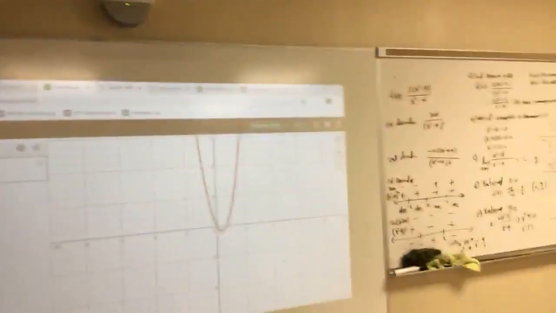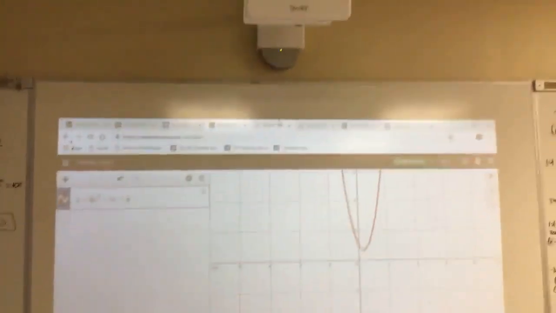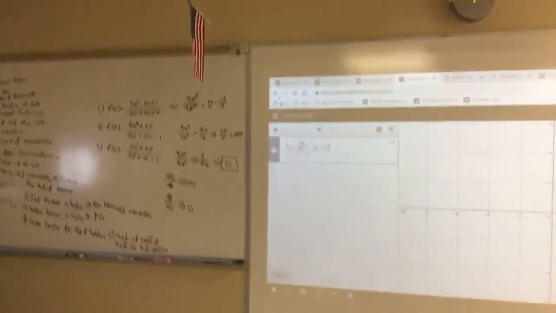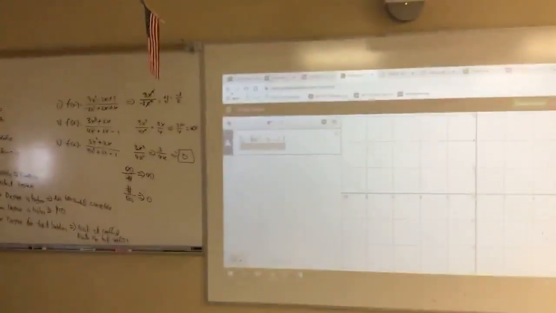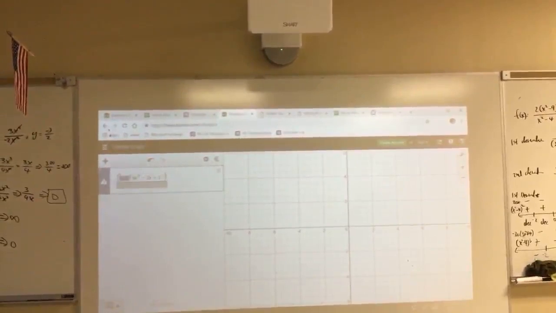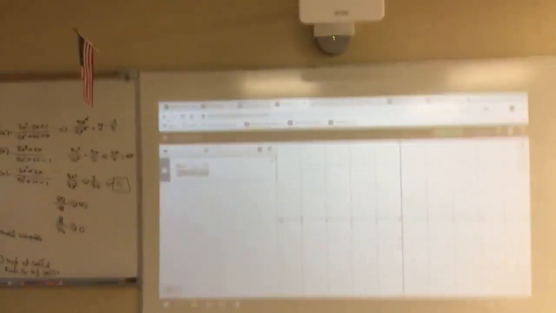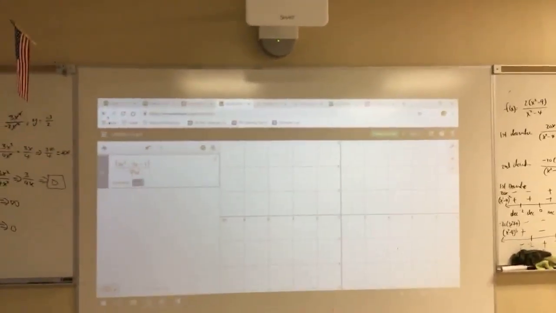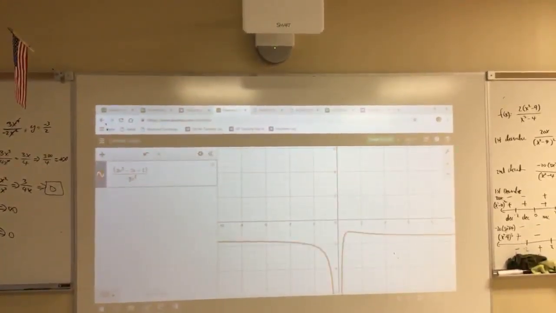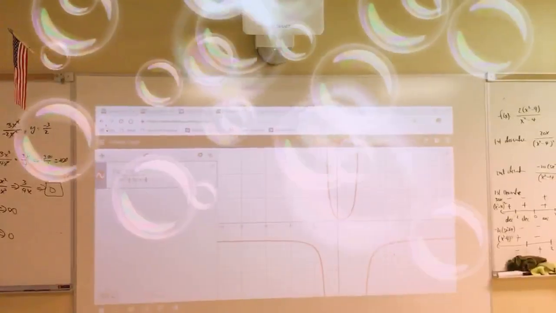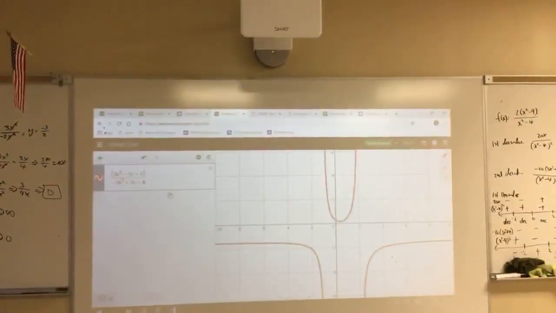Minus 2x plus 1, over negative 2x squared plus 2x plus 4. So we got this ugly graph, right?